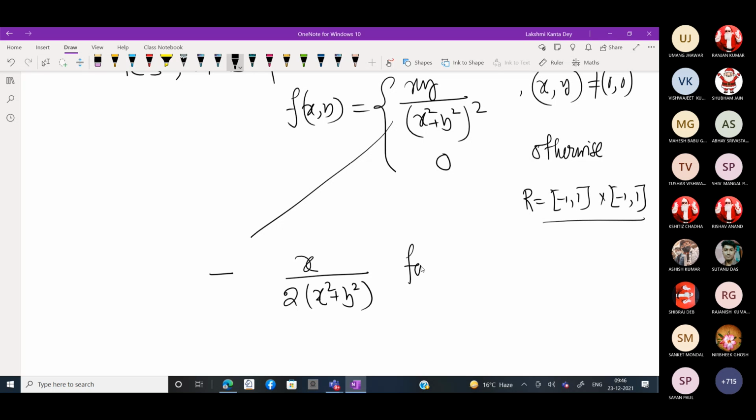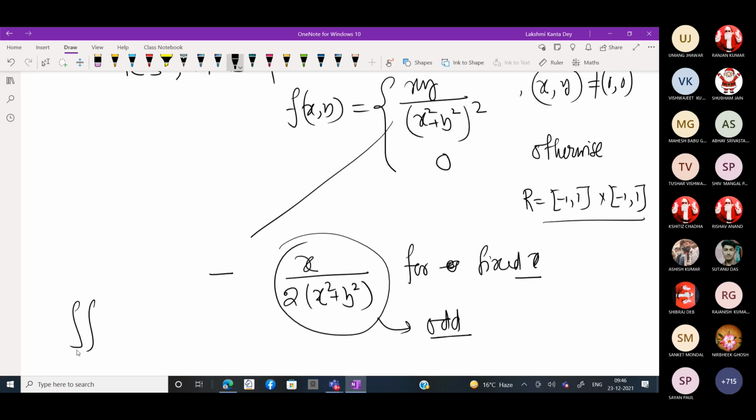So what happens if we do the calculation? This function becomes an odd function.